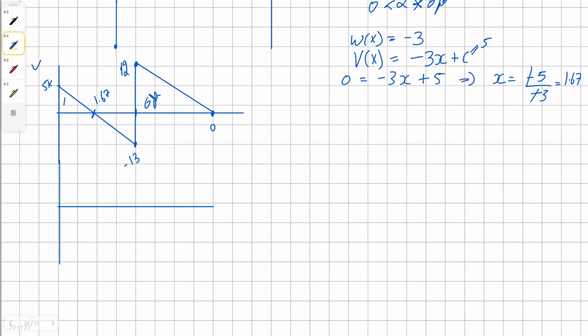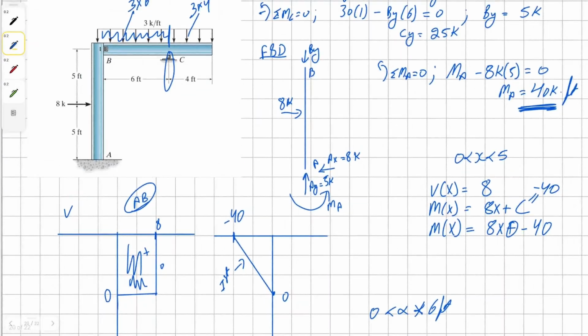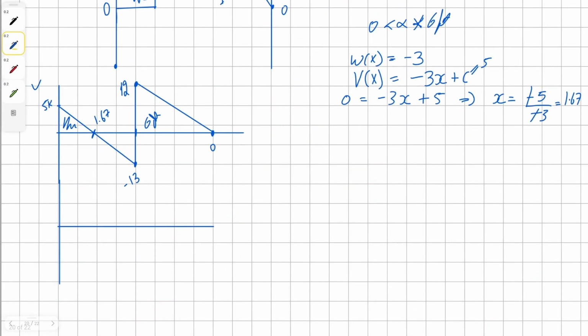For moment, we know we begin with positive, but we don't have any moment at 0. So we just need to find the area under our first triangle before the 1.67 mark. So it's going to be 0.5 times 1.67 times 5.